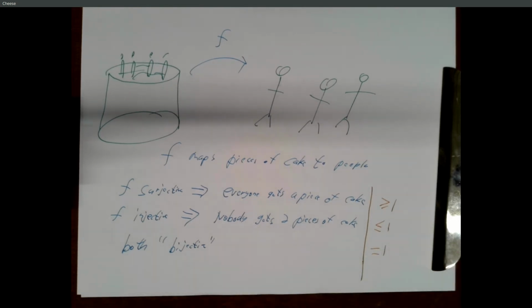That's one-to-one and onto. So if you take a function that's mapping from a set A to a set B, if the function is surjective, then every point in B is mapped to at least once. If the function is injective, every point in B is mapped to at most once. And if it's bijective, every point in B is mapped to exactly once.